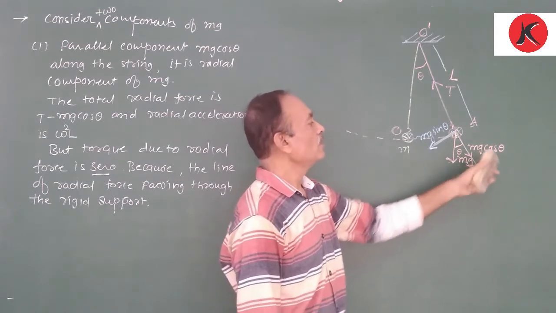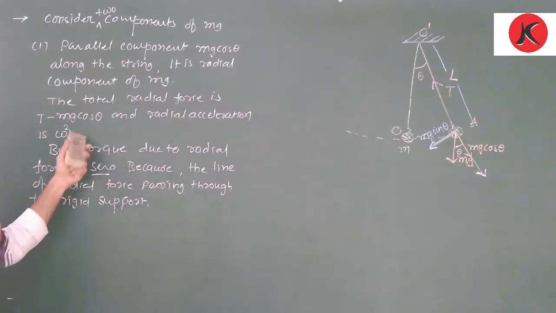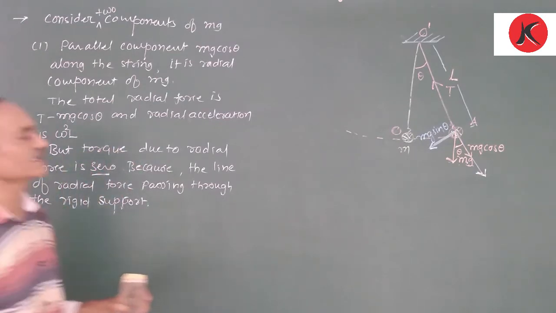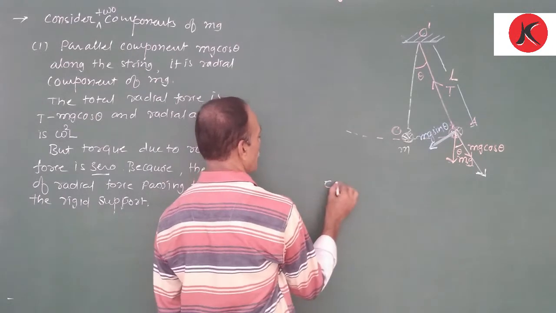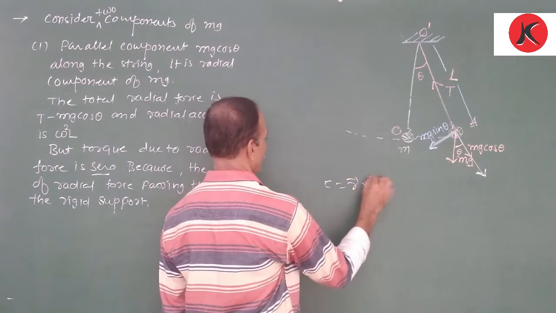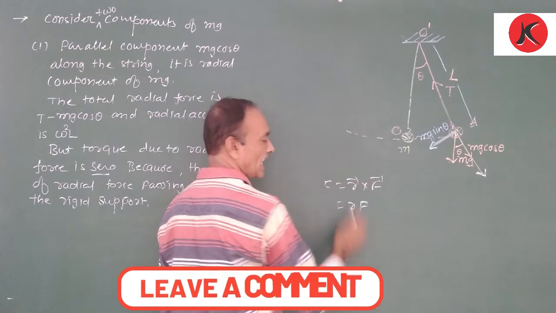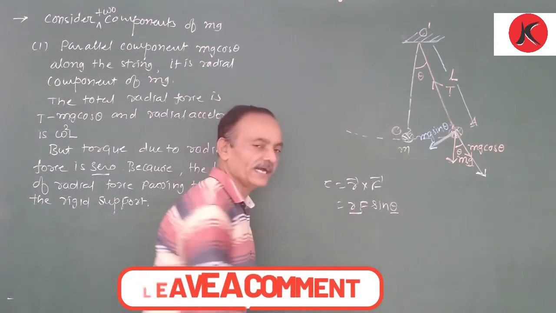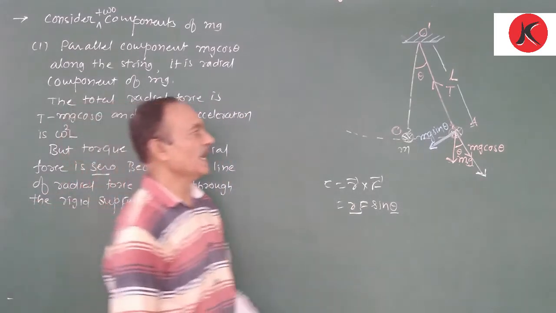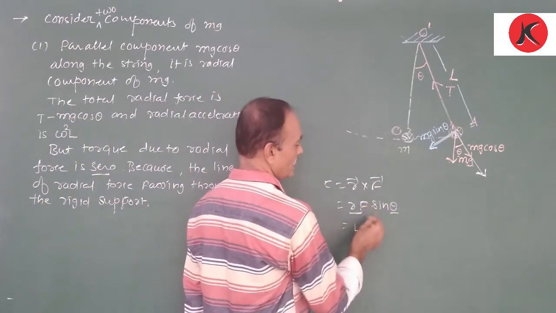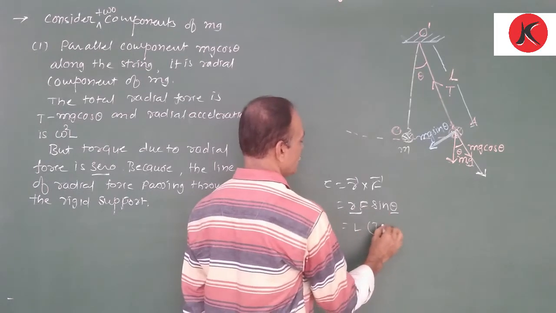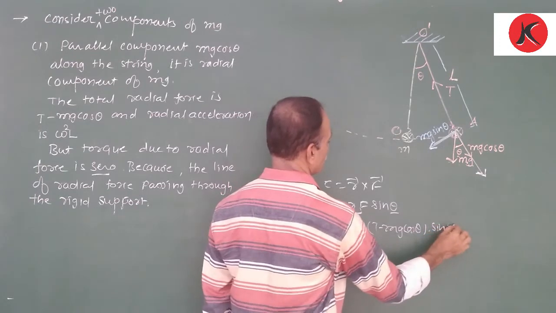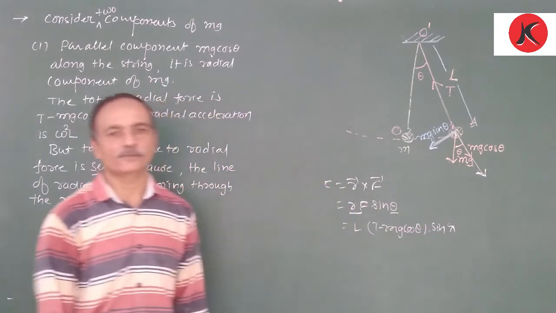And radial acceleration is omega square L. But the torque due to the radial force is 0, because tau is equal to R cross F, which is R F sin theta, where theta is the angle between R and F. Here R is our L and F is T minus mg cos theta, into sin pi, and sin pi is 0.